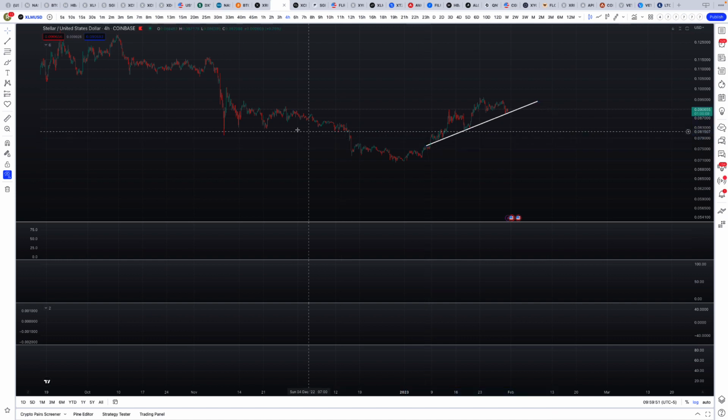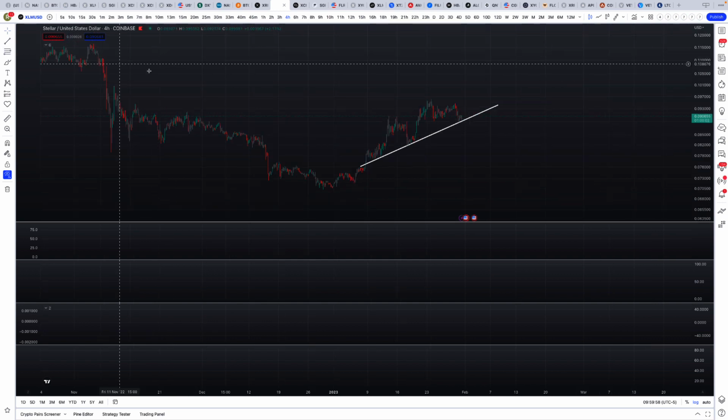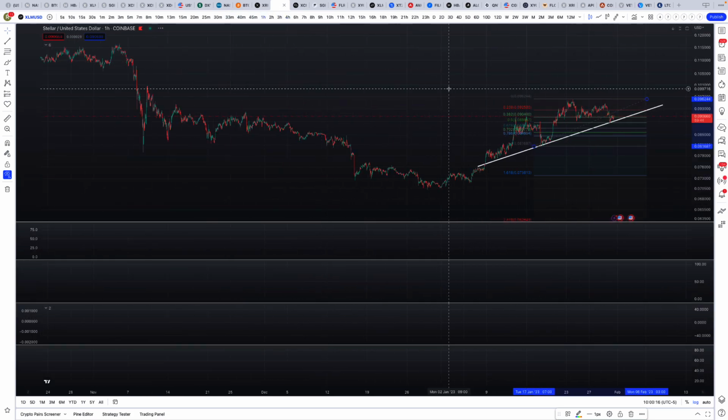So that's why I'm like, okay, are we going to break down lower? We definitely could, because we still haven't hit a 786 yet, but we don't necessarily need to always hit the 786. If we're extremely bullish, we're not going to head down to the 786. I hit the 618, the 0.5, which we already did, and then just keep rallying. So definitely not out of the cards to just keep rallying here.